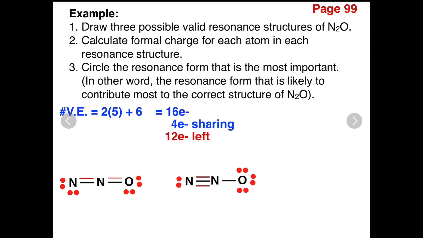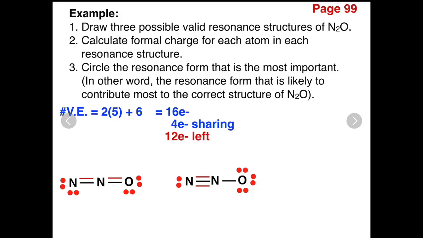This nitrogen still has 8 electrons. For oxygen, 6 electrons plus 7 plus 8, so oxygen also has 8 electrons. And the total number of electrons still comes out to 16. If you count, 8, 9, 10, 11, 12, 13, 14, 15, 16, so it's still 16.